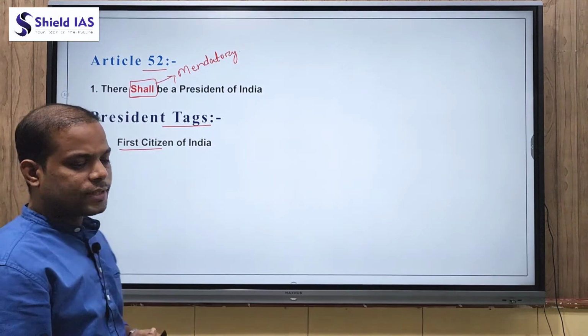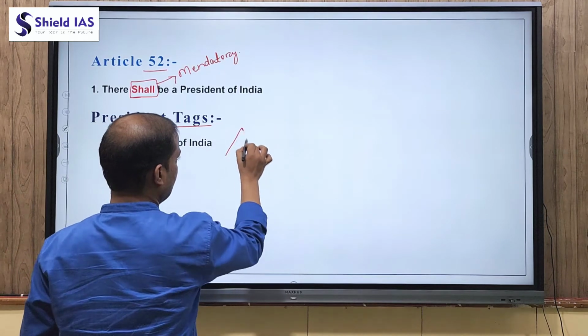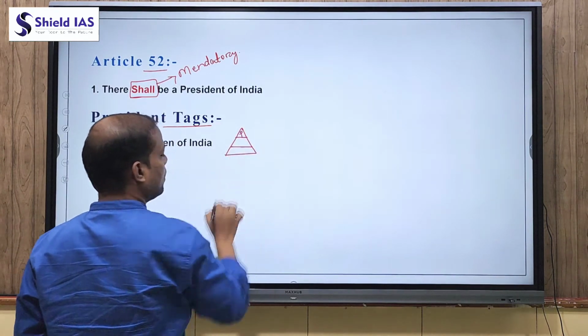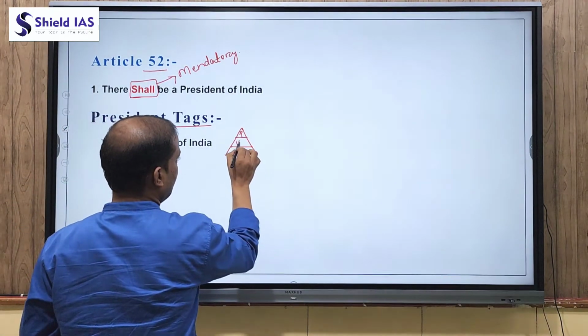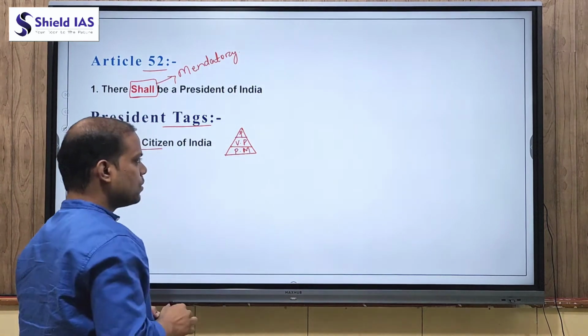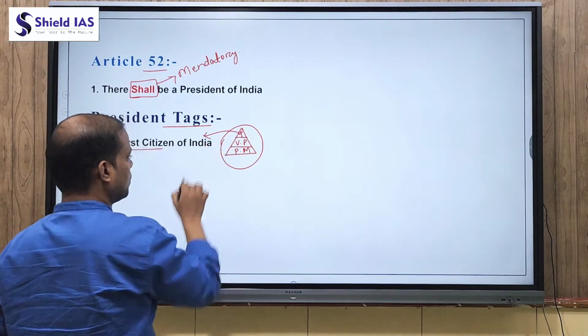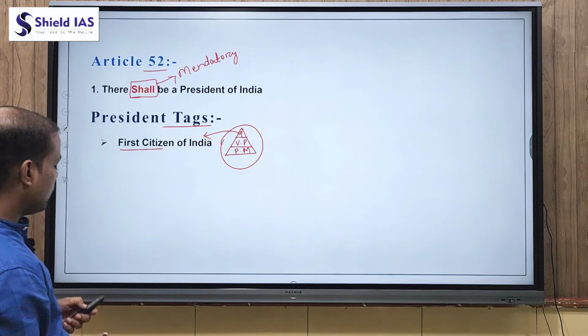Why is he or she called the first citizen of India? Because in the table of precedence, the president occupies the topmost position, second is the vice president, and third is the prime minister. So the president occupies the topmost position, and therefore the president is known as the first citizen of India.